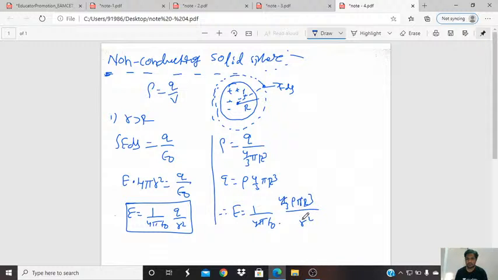The 4 pi gets cancelled. What is remaining? Rho by epsilon naught into R cube by r square. So from here, E is proportional to 1 by r square outside.